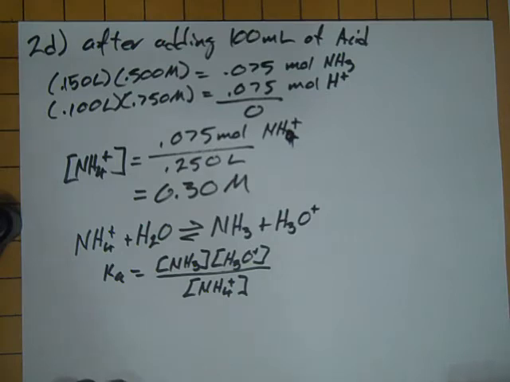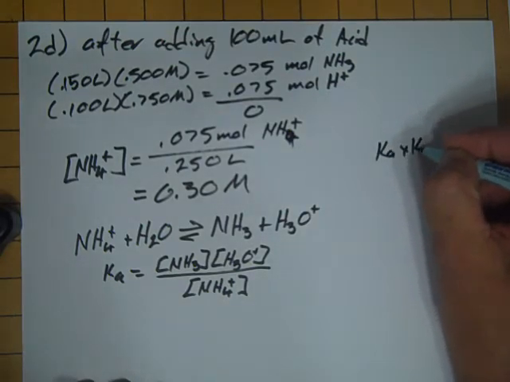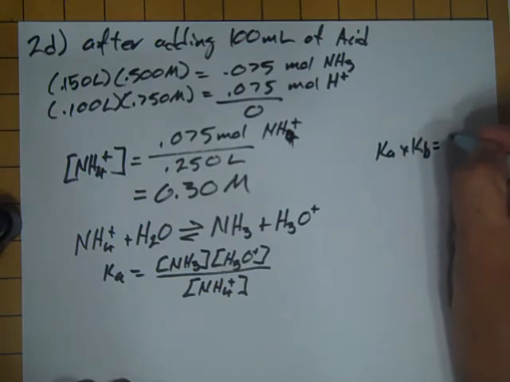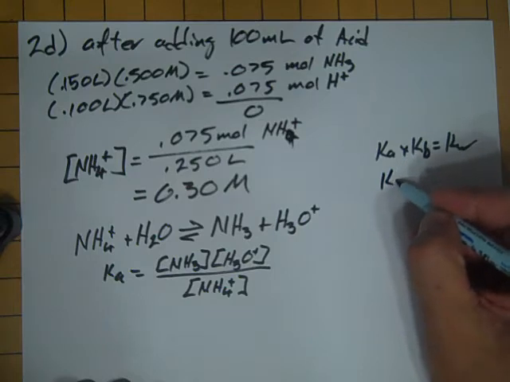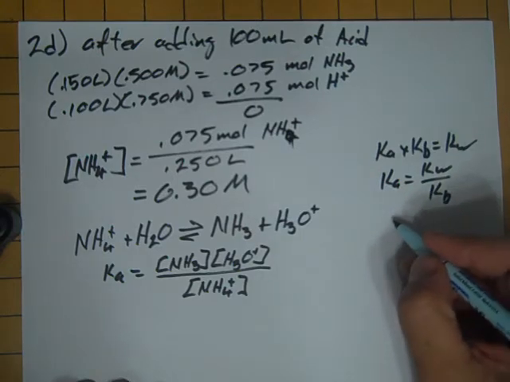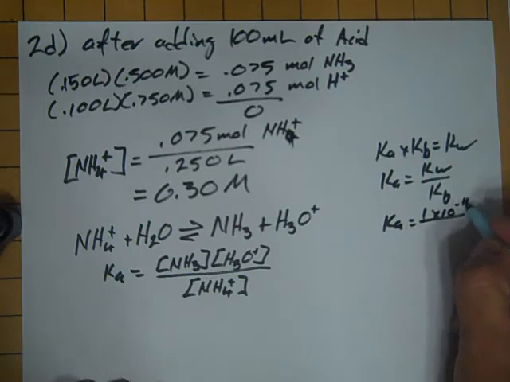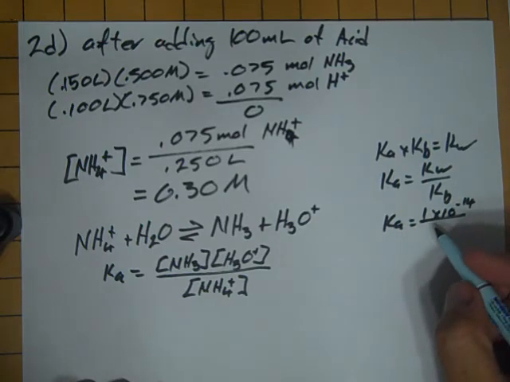Well, to find Ka, and on the side here, Ka times Kb always equals Kw. So Ka equals Kw divided by Kb. So Ka equals, Kw is always 1 times 10 to the minus 14. It never changes.